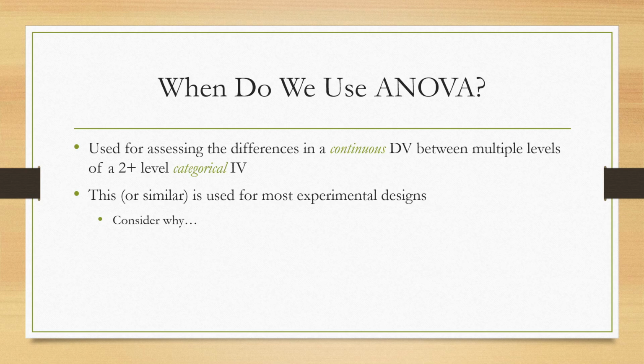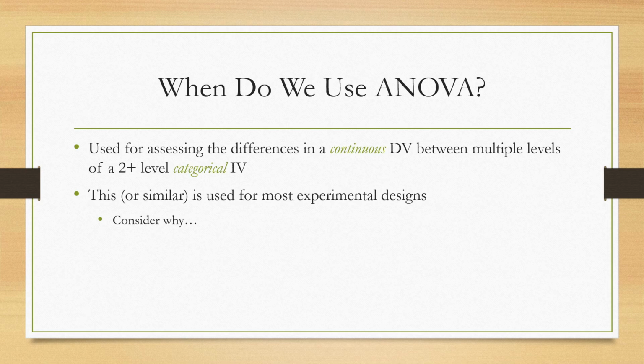Now, I hesitate to mention this because I find it useful and interesting to understand why ANOVA is so often used in experiments, but we do also have to call out, and I don't want to confuse you, experiments are a study design. ANOVA is a statistical method.